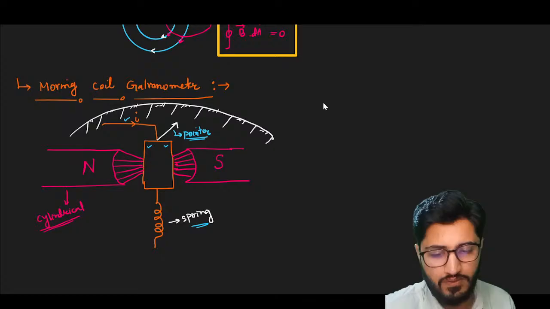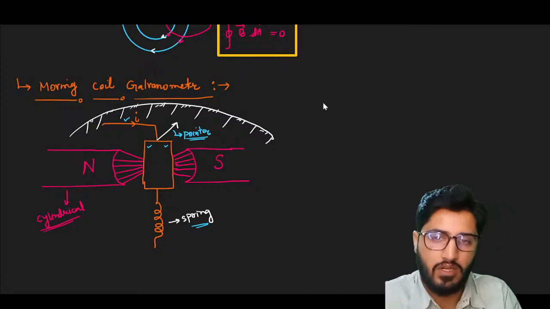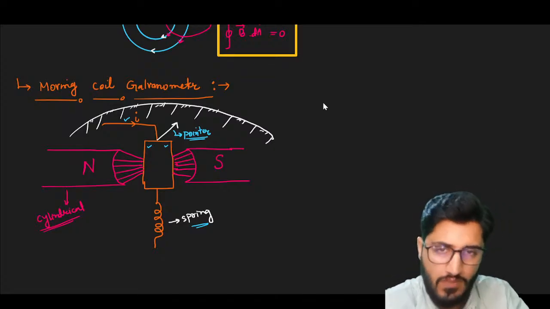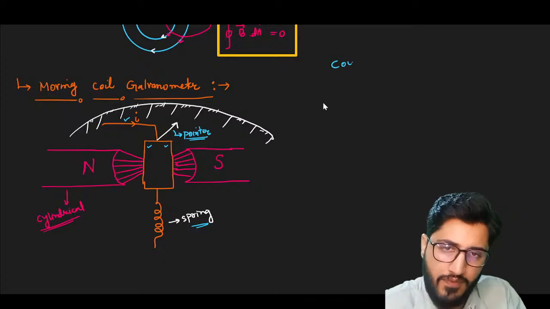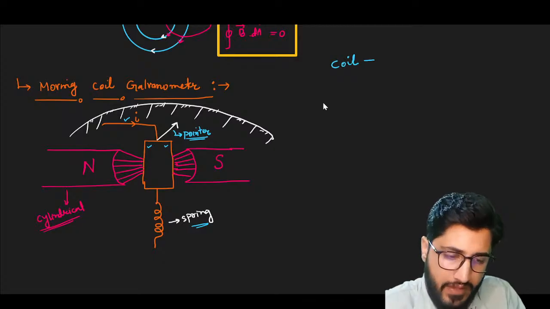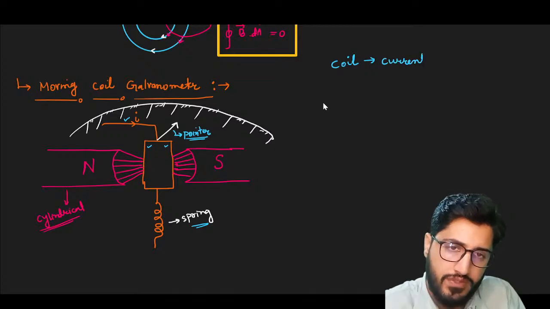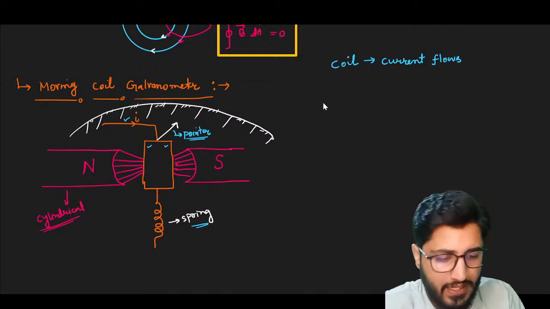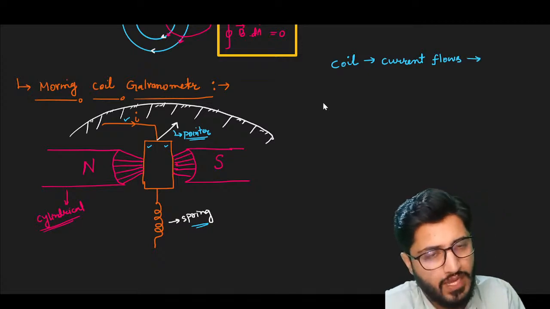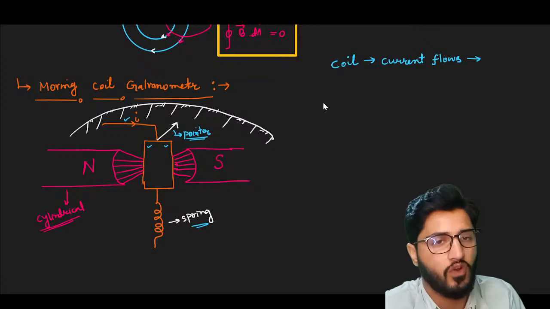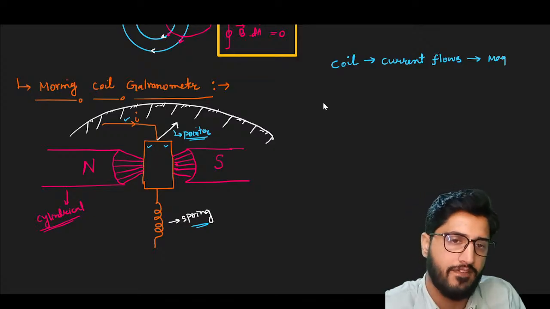If my current flows through the coil, I will have a magnetic moment.